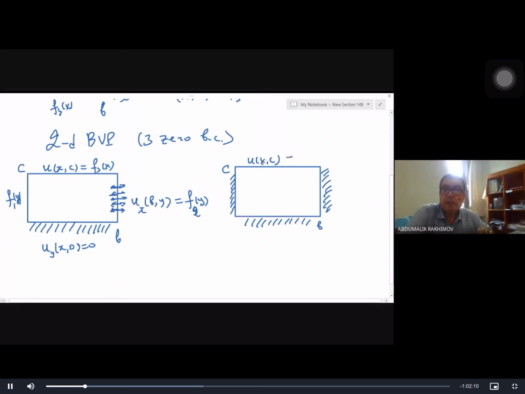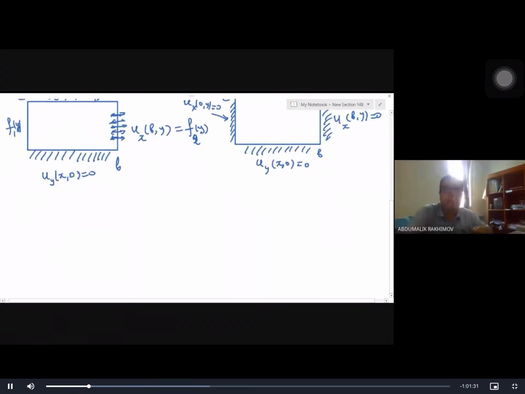It's still a second boundary value problem, right? This condition will be Uy(x,0) is equal to 0, and this condition will be Ux(0,y) is equal to 0. So if the boundary conditions contain derivatives, then it is a second boundary value problem.